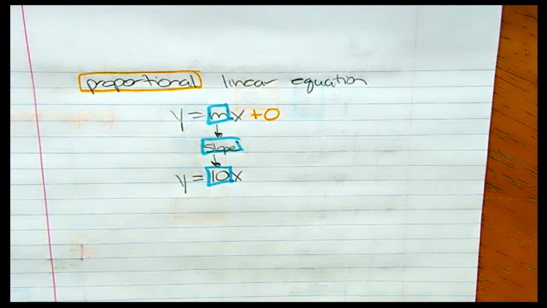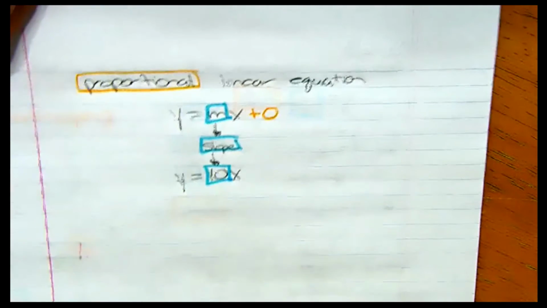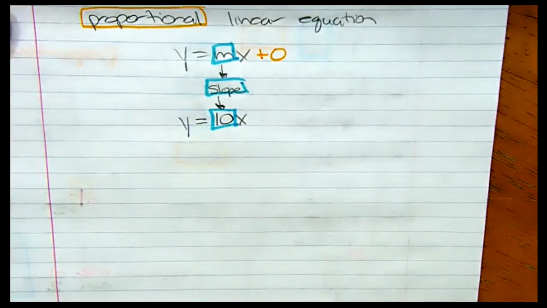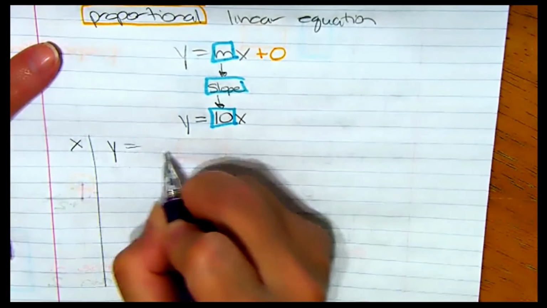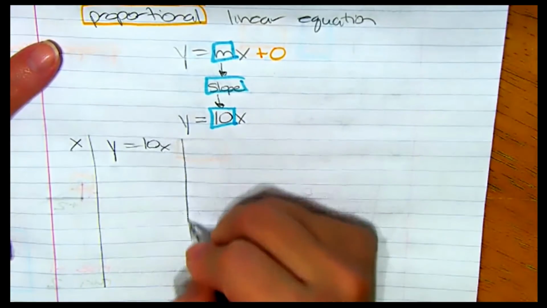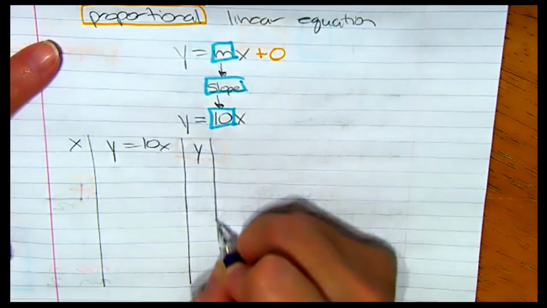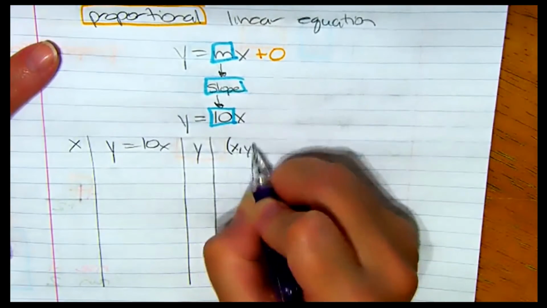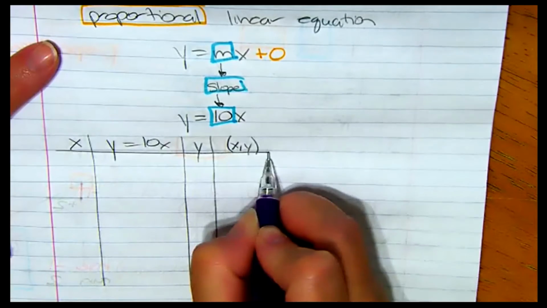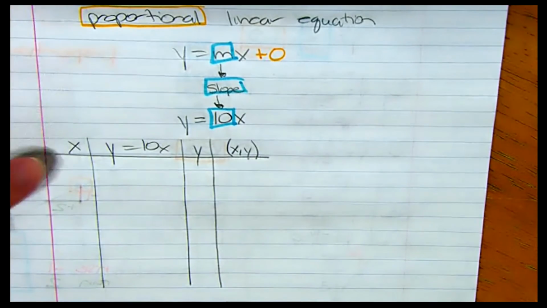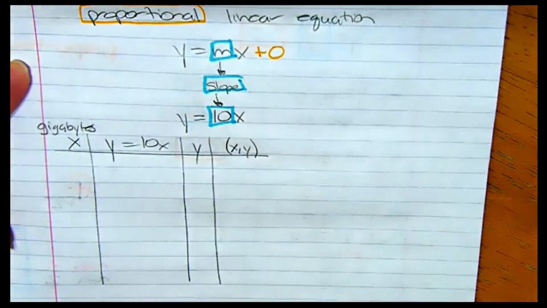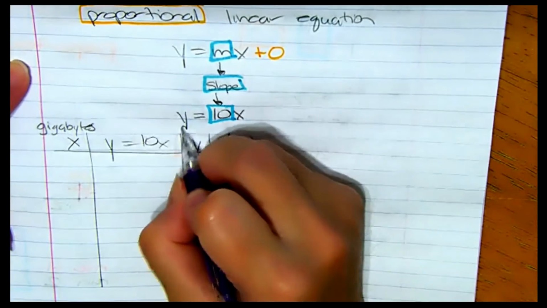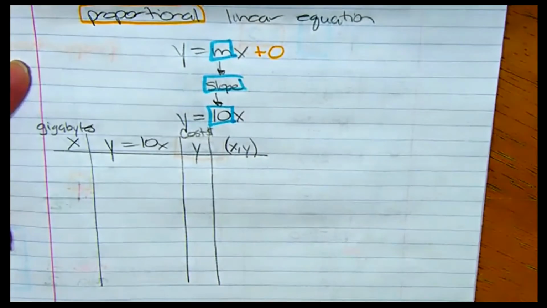The first thing they asked us to do was to graph this equation. So we're going to create our table. They told us x was gigabytes and y was cost in dollars.